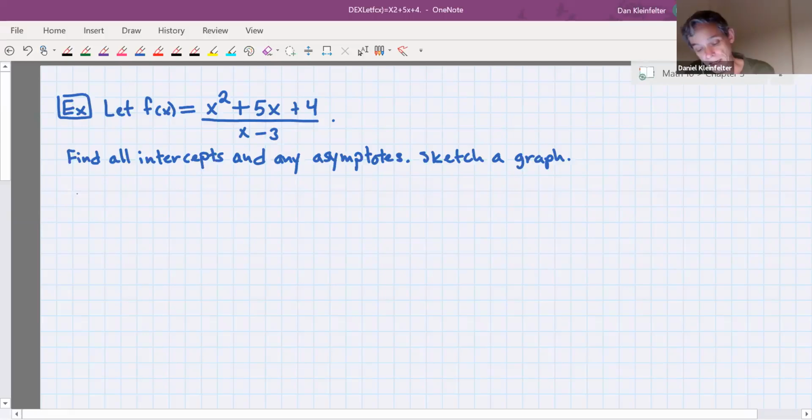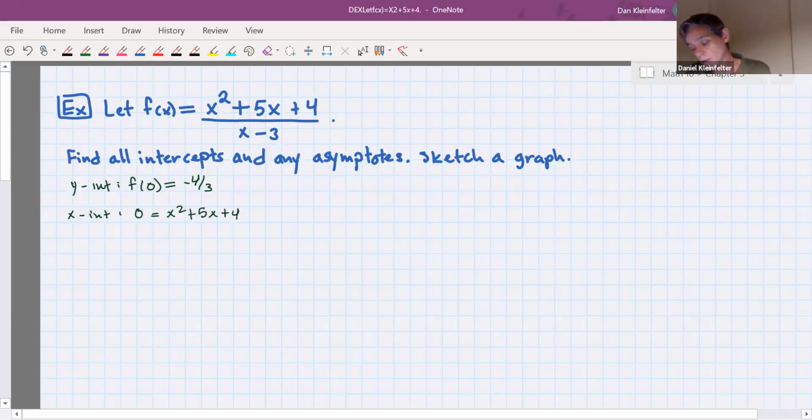So let me get the intercepts first. So the y-intercept will be f of 0, and f of 0 will be negative 4/3. Okay, and then for the x-intercepts, we want to set our numerator equal to 0.